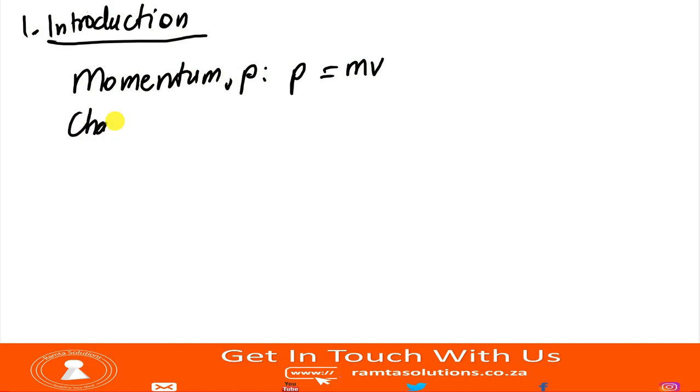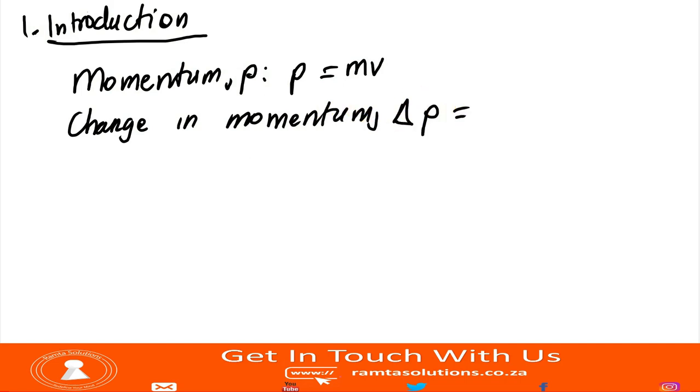And we have said change in momentum delta P has the formula delta P equals mass multiplied by the change in velocity, meaning final velocity minus initial velocity.